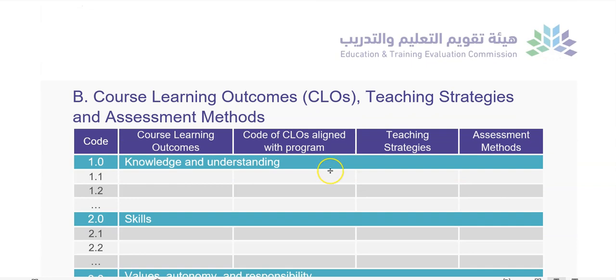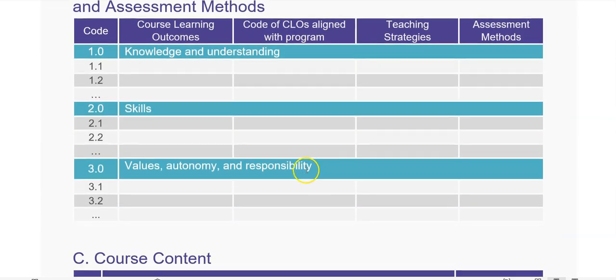Okay, now let's go to course learning outcomes. What is new here? In the previous edition, in the third field was written only values. Now we have values, autonomy, and responsibility. We say these are the soft skills.